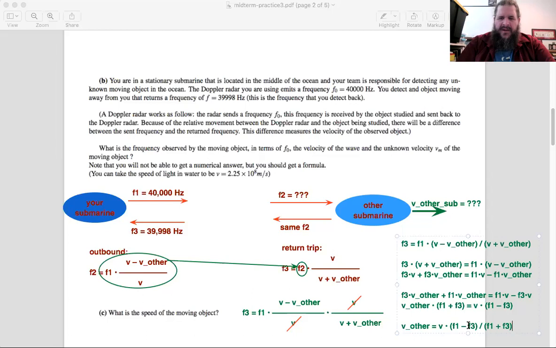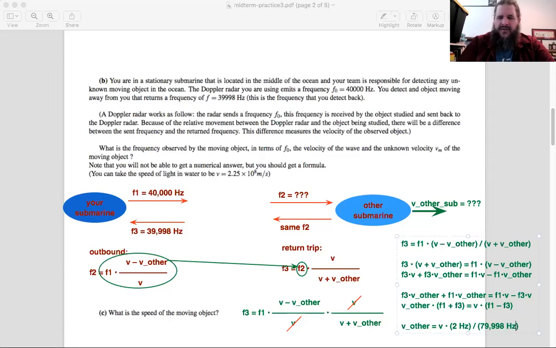And we can now plug in those values. We've got, for instance, F1 minus F3, which would just be 2 hertz, because if you subtract these, 40,000 minus 39,998, that's just 2 hertz. And then if you add them, 40,000 plus 39,998 would be 79,998.